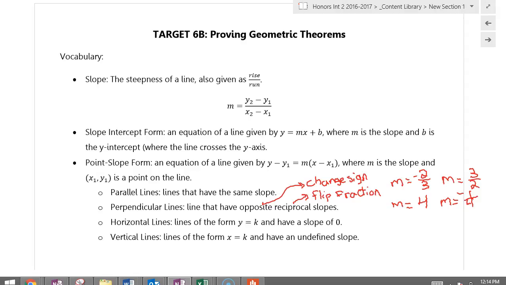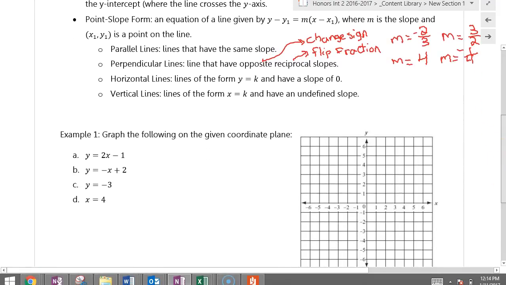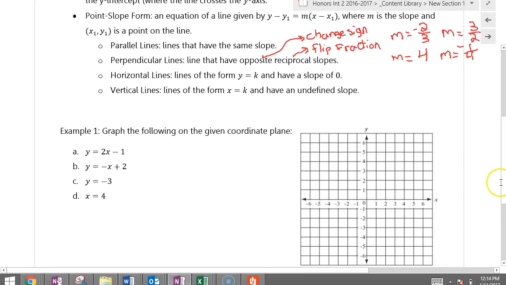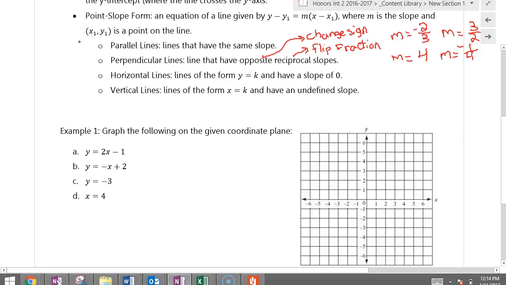All right, then the other two types of things we have are horizontal lines and vertical lines. Horizontal lines are lines of the form y equals k and have a slope of 0. Vertical lines are lines of the form x equals k and have an undefined slope. The easiest way to remember these two, there are two small mnemonic devices.